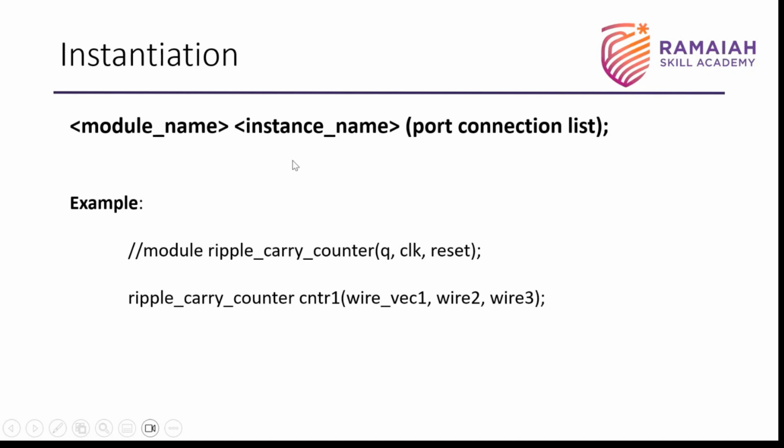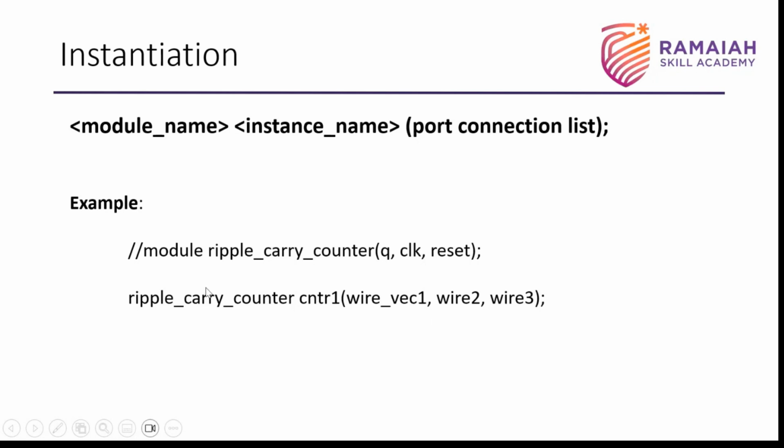That is why this instance name should be different, because each time this line is invoked, it will create one different object. Suppose here I have a module ripple carry counter. I'm using that ripple carry counter in some other module using the name of that ripple carry counter. I have given the name as counter1, CNTR1, and I've given inputs and outputs. Now this same ripple carry counter, I can use multiple times, just by changing this name and connecting the input and output properly.